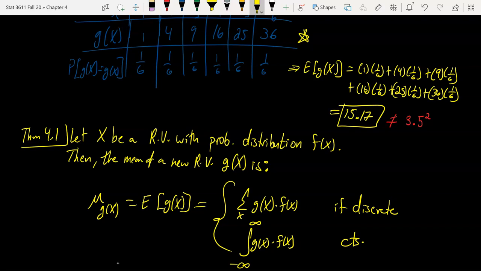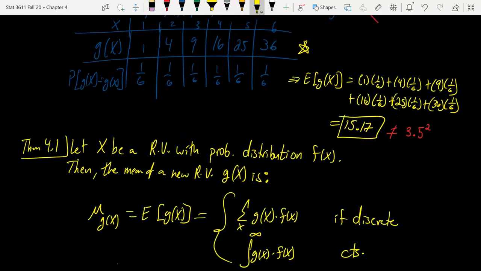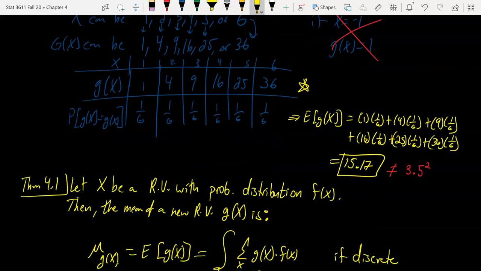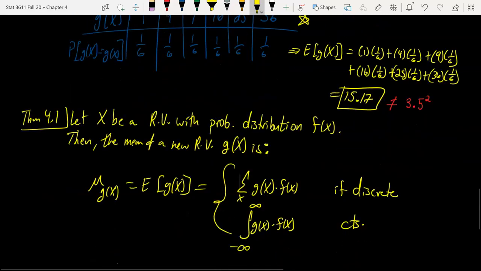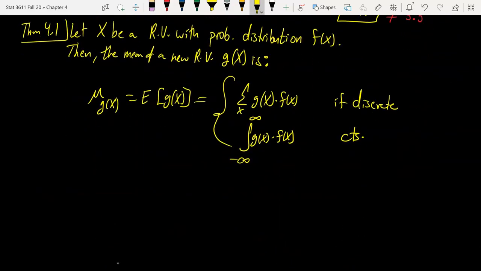And you just run through the same mechanical process as you would if it was just x, where x would be 1 times a 6th, 2 times a 6th, and 3 times a 6th. In the continuous case, you need to do the integration, so you still need to know what to plug in at this stage right there.